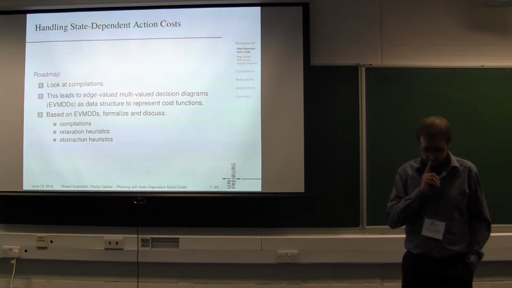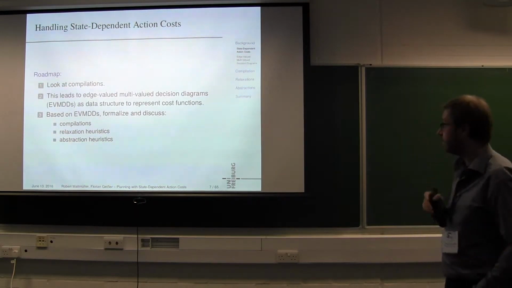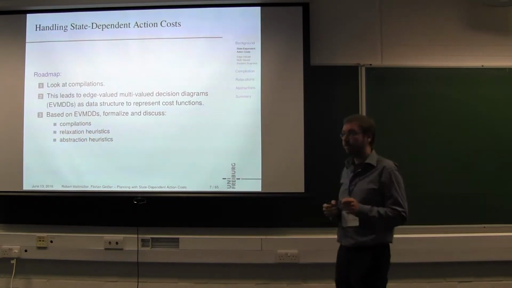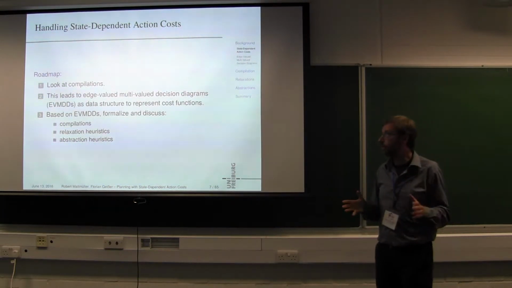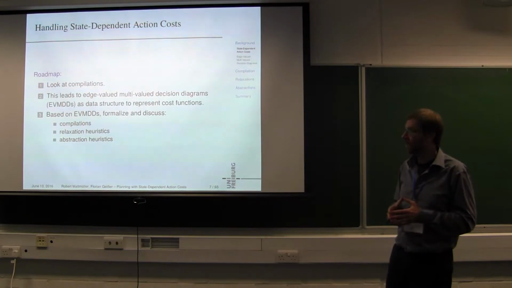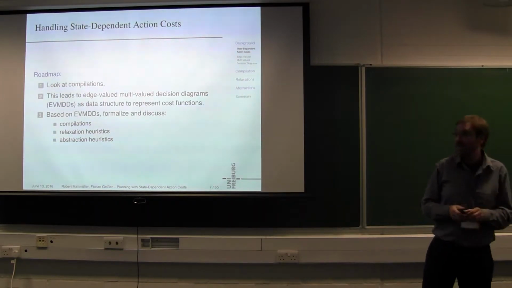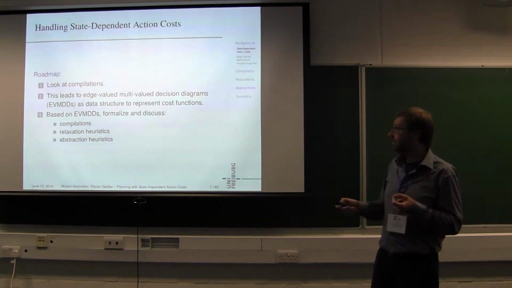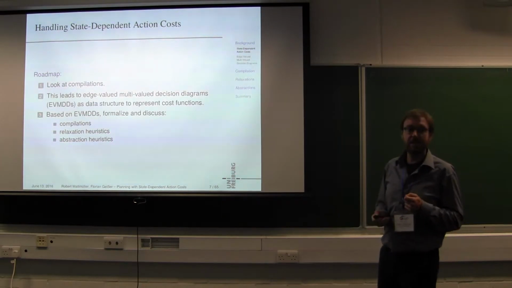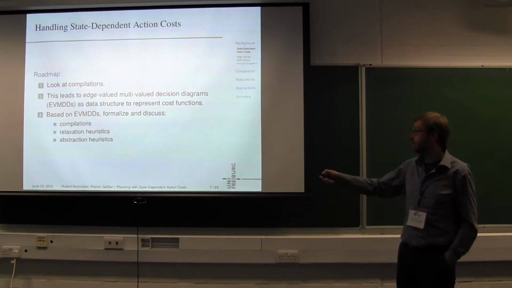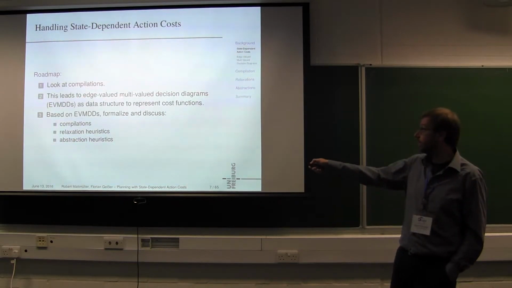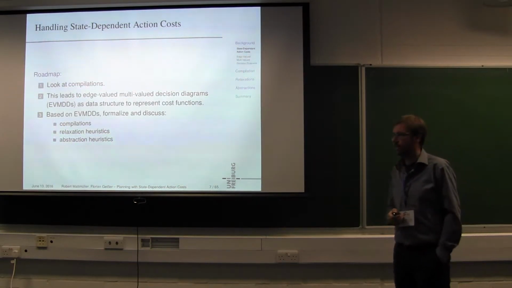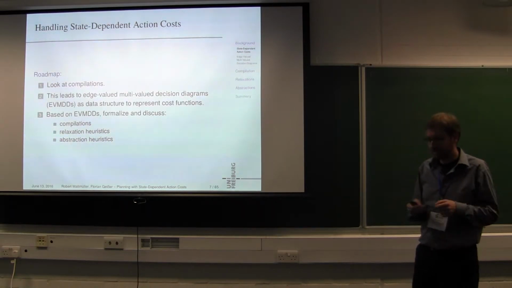Okay, and the way I'm going to present this, the roadmap, is this. I will start with compilations from very simple, naive compilations to more refined ones. And when you refine these compilations, this very naturally leads you to a certain type of decision diagram to represent these action cost functions, namely so-called edge-valued multi-valued decision diagrams. So they're like BDDs with two differences.